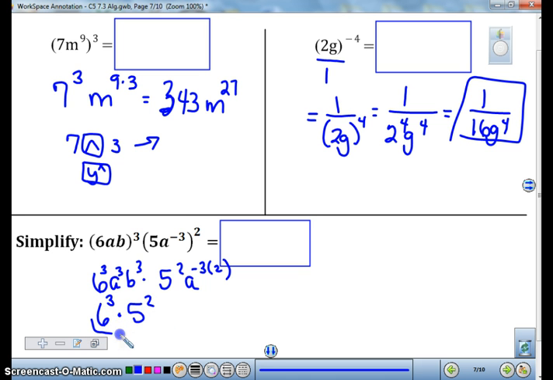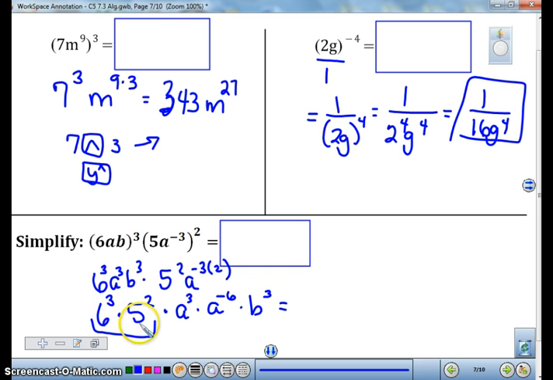Again, you're going to be able to put this whole thing right in your calculator. Now we're going to group our a terms. a to the third was our first one, and this one we're going to rewrite as a to the negative 6, because we can multiply those. The last thing we have is b to the third power.